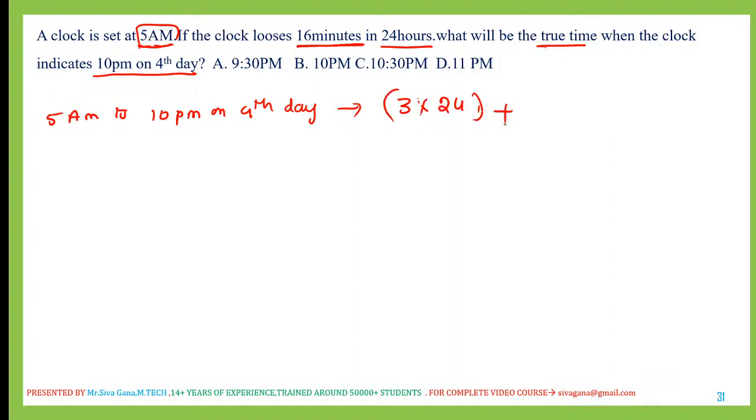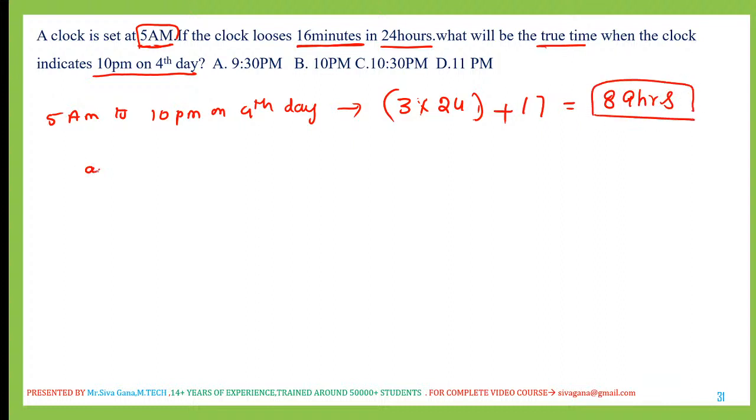Then 5 a.m. to 5 p.m. is 12 hours, plus 5 more, 17 hours. So the total duration is 3 into 24 plus 17, which is 89 hours.